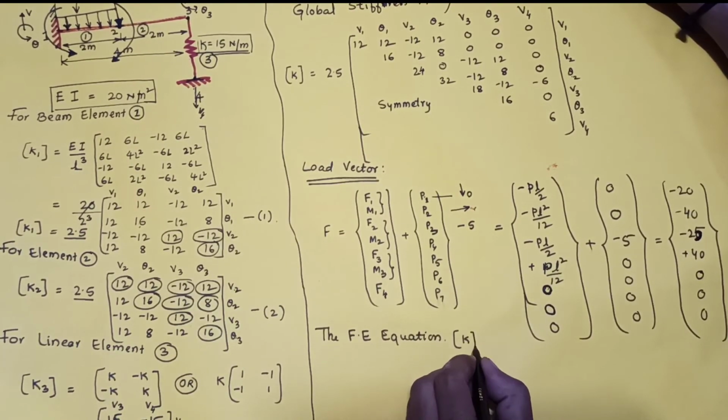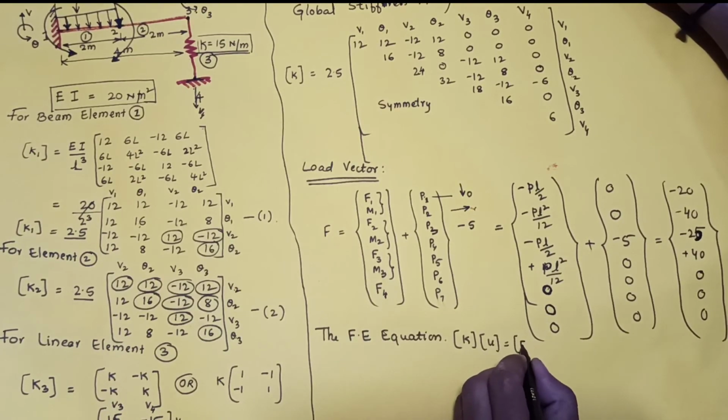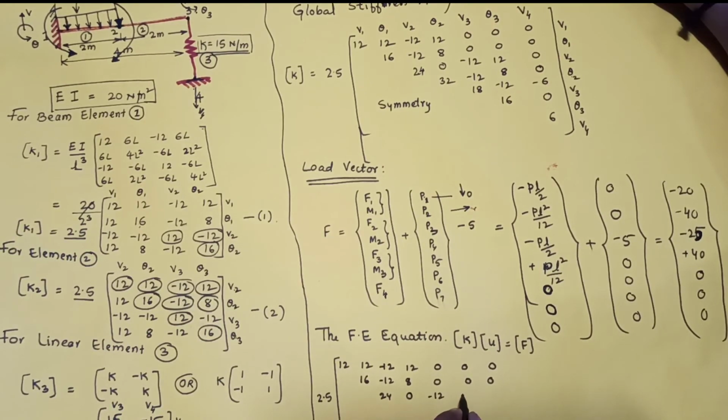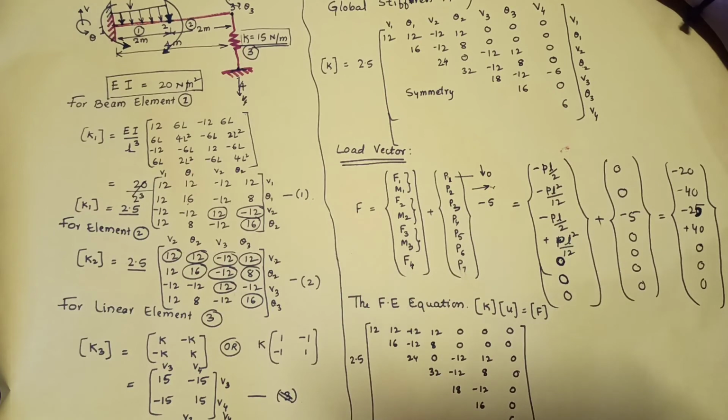So that is K U is equal to F. K value which you already calculated, that is 2.5 outside the matrix, and inside you will have 12, 12, minus 12, 12, 0, 0, 0, 16, minus 12, 8, 0, 0, 0, 24, 0, minus 12, plus 12, 0, 32, minus 12, 8, 0, 18, minus 12, 0, 16, 0, 6. This is the global stiffness matrix.